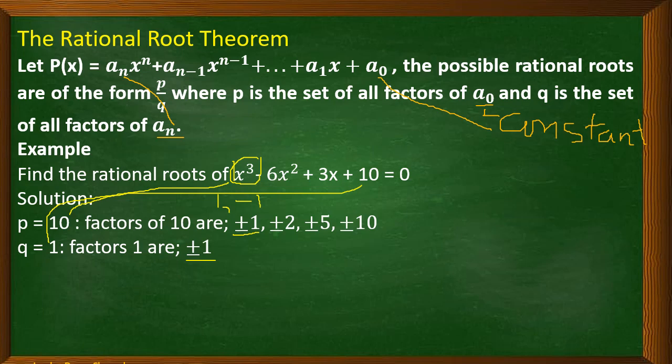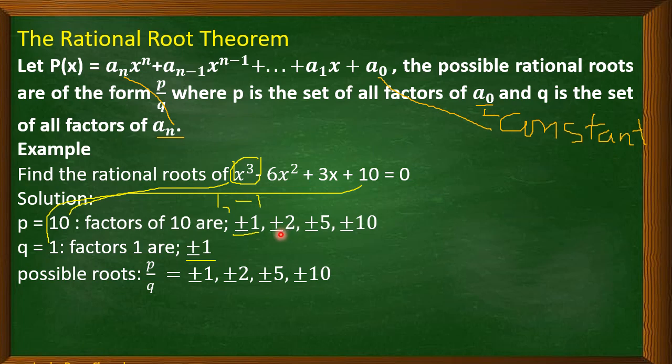So 1 times 1 and negative 1 times negative 1 is positive 1. Next, we determine the possible roots, p over q, based on the rational root theorem. We divide: plus minus 1 divided by plus minus 1 is plus minus 1.